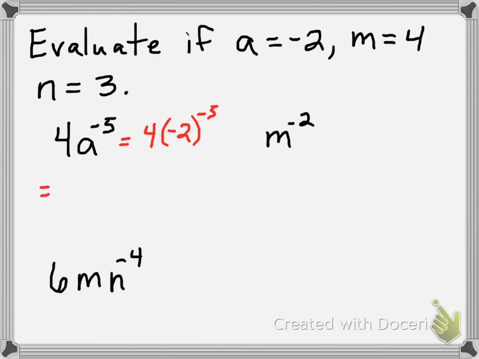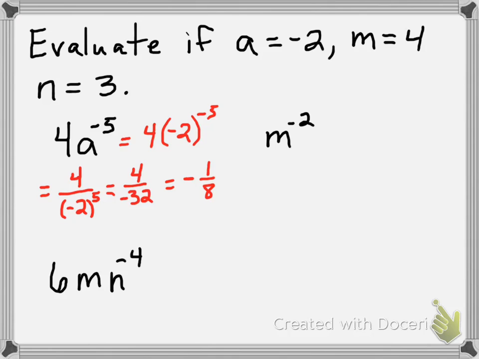So that gives me 4 over negative 2 to the 5th power. Well, I know negative 2 to the 5th power, that's negative 32. So I have 4 over negative 32, so I can simplify, and I get negative 1/8.